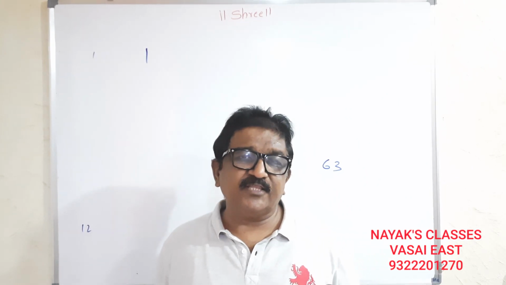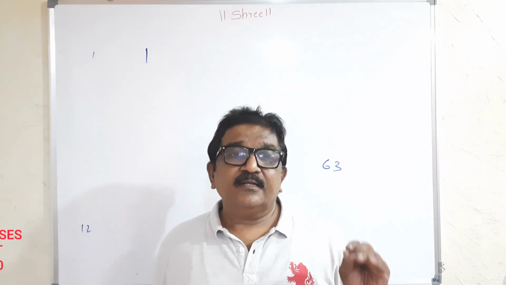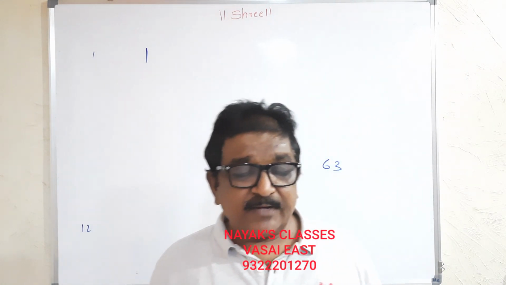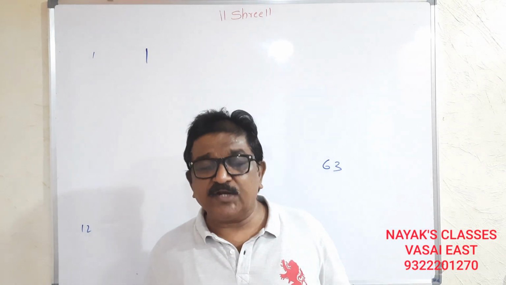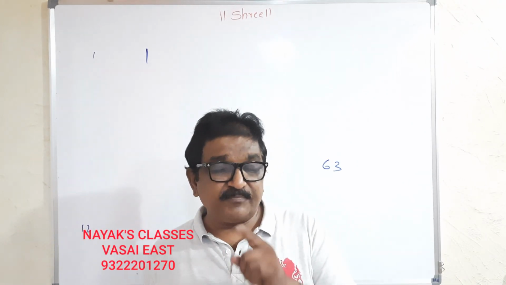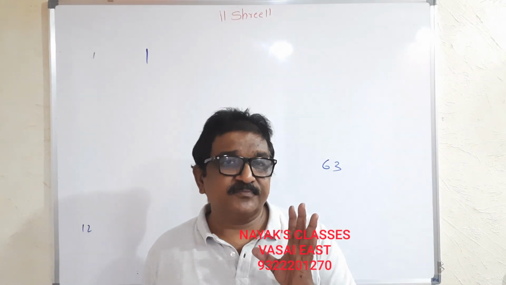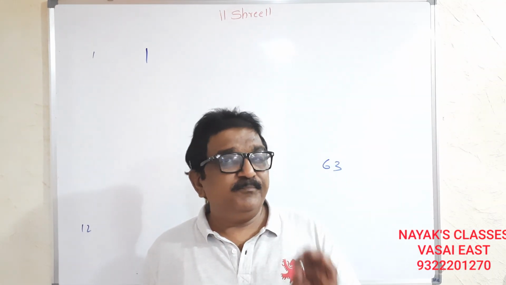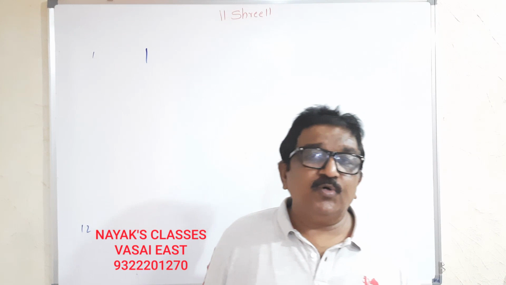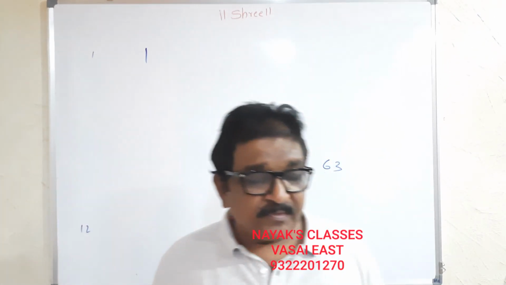So he stated the law. The properties of an element are periodic function of their atomic masses. So after a certain atomic mass, that property again repeats. So he stated his own periodic law.